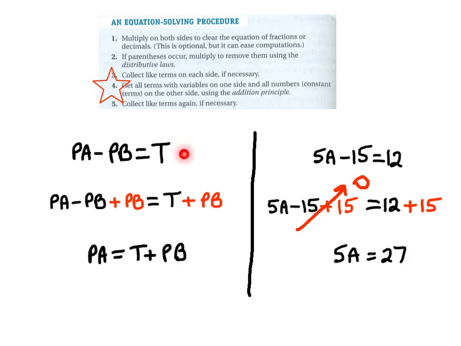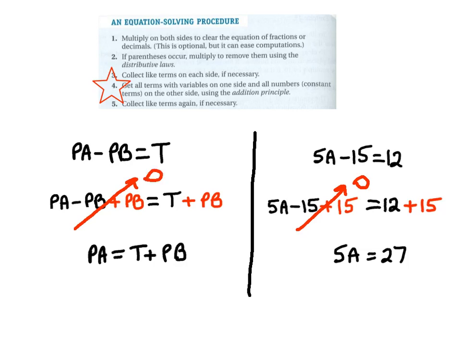If I return now to the equation that we're actually working on, I can see how I want pa by itself because it contains the variable of interest a, just the same way as I wanted 5a by itself in my parallel equation. So I want pa by itself on the left-hand side, and I want to get this negative pb term over to the other side of the equation. In the same way that I added 15 to move the negative 15 term over, I've got negative pb here, so I'm going to add pb to both sides.